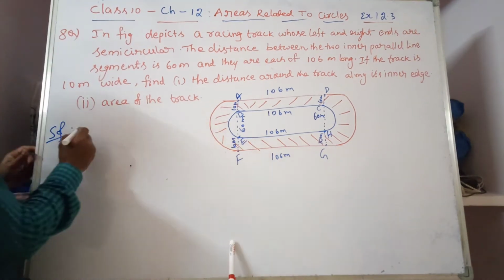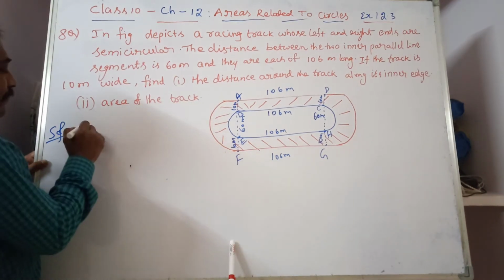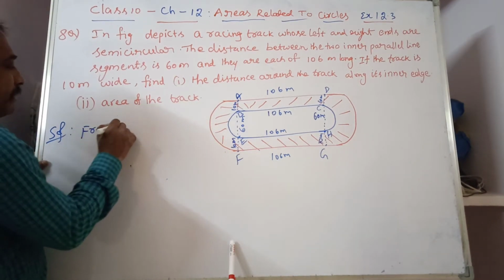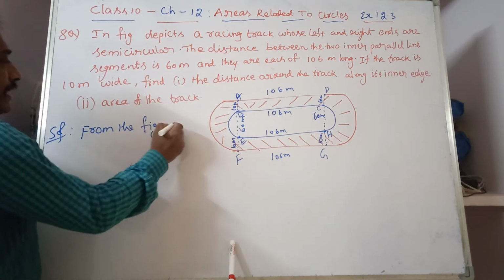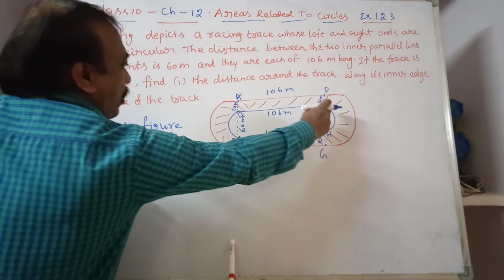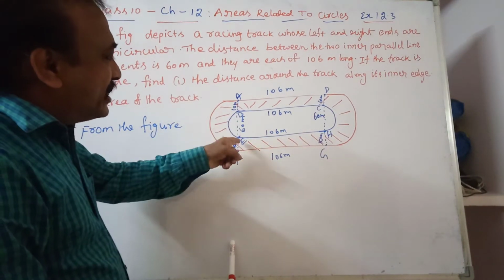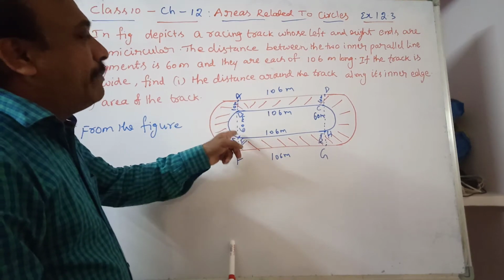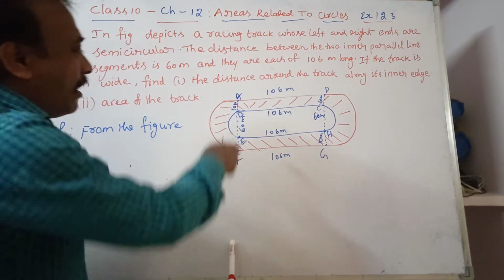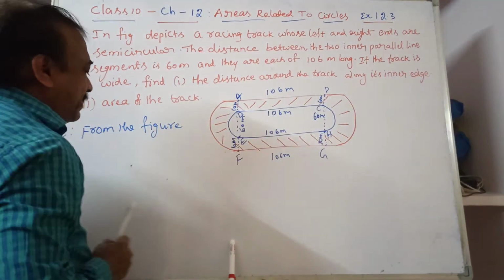So for the inner edge, observe it from the figure, along the inner edge. For the semicircle in blue color, 60 meters will become the diameter of the semicircle.